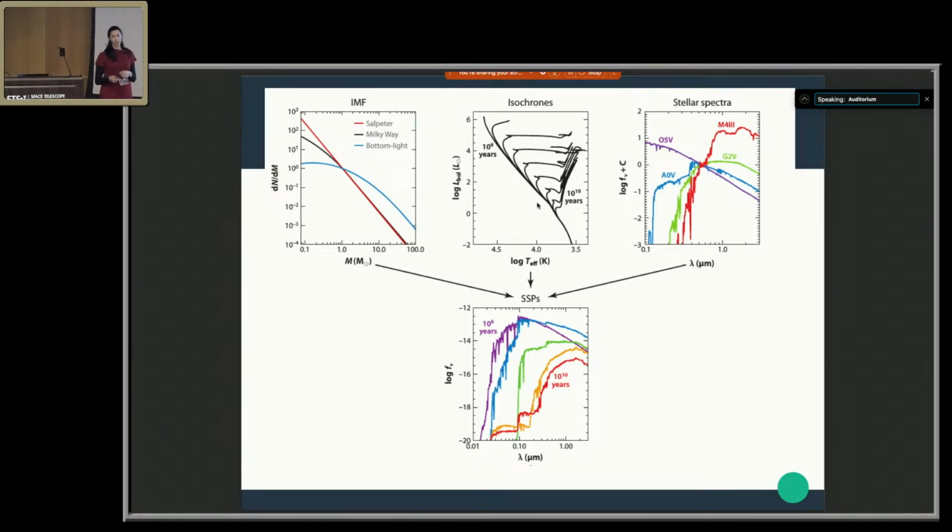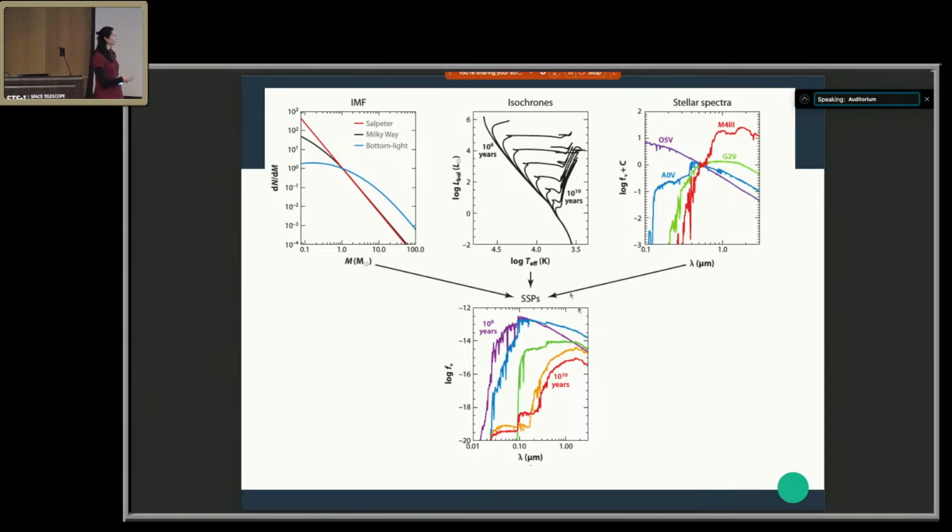But even if we knew for sure all this, we still needed, for each point in an isochrone, to associate a spectrum of a star to represent that point, and then we sum up everything to get the integrated spectrum, which is what we call a stellar population model, right?